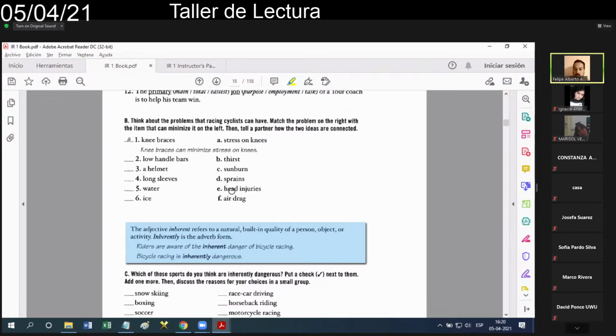You remember what I told you at the beginning of the course, that this is a reading course, taller de lectura. What's reading, an ability? Where does it take place? ¿Dónde toma lugar? In your minds. Because abilities are there to be developed in our minds.